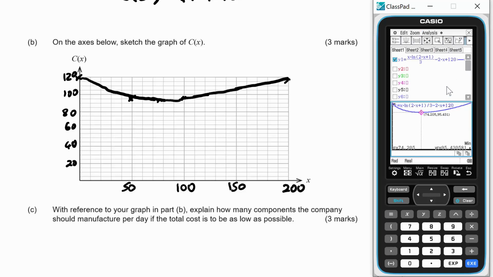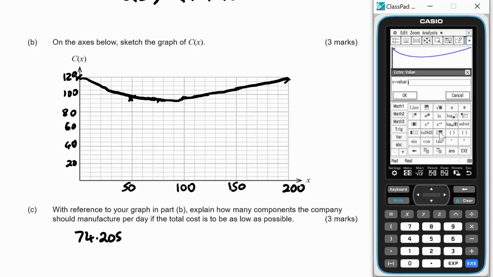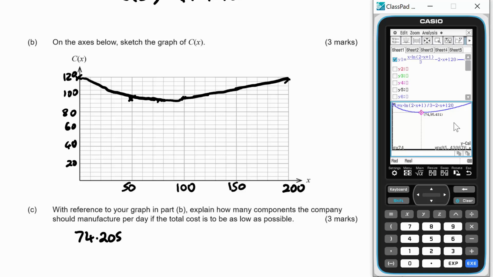And we can see the minimum is at 74.205. And so it's either going to be 74 or 75. So if we do a Y calc, given that X is 74, then that is 95.43.